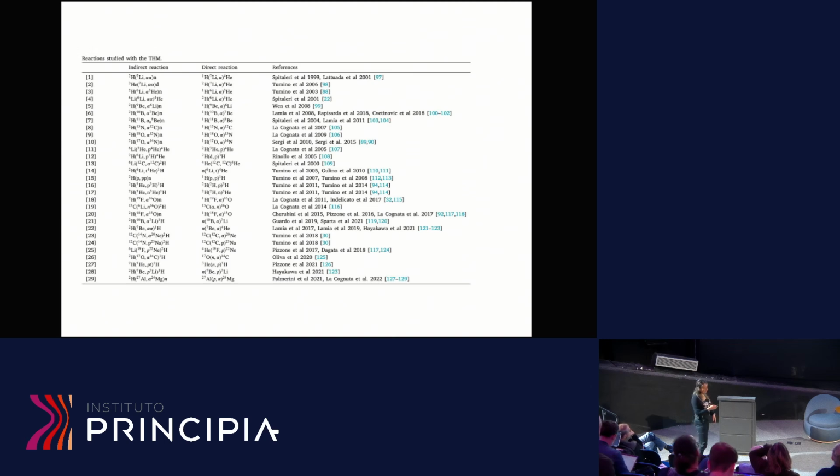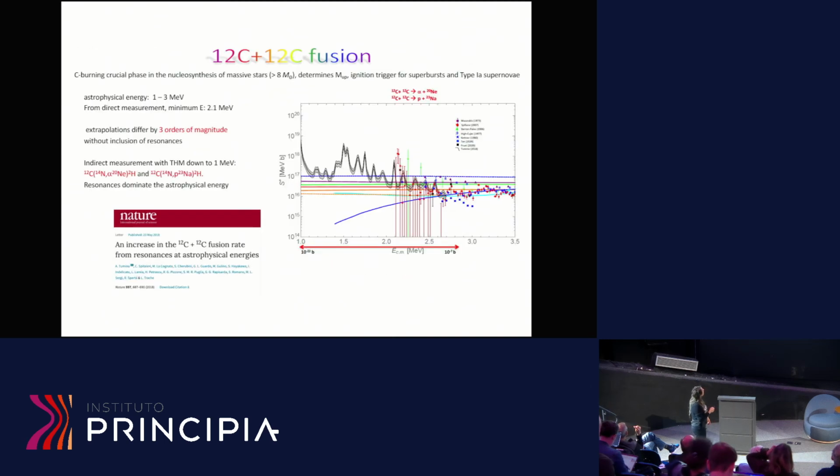Carbon burning is the third most important phase in the hydrostatic burning of a massive star. A massive star starts with hydrogen burning, then moves to helium burning, and then goes to carbon burning. And so only 5 minutes, so I have to run.